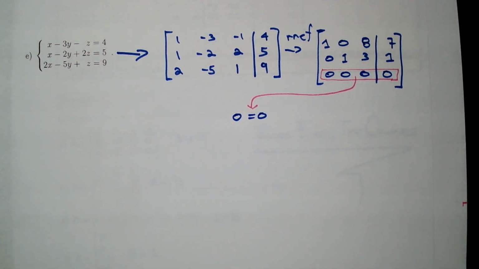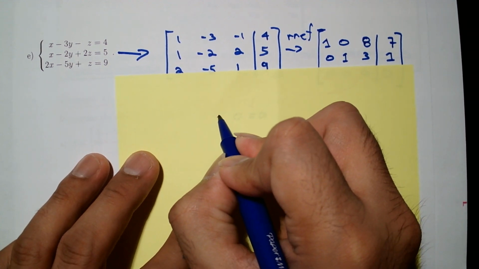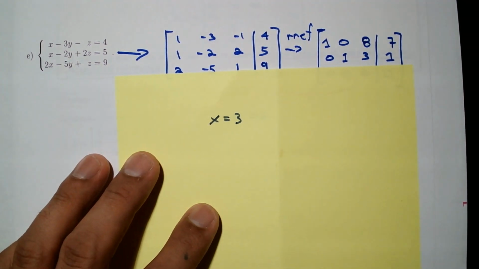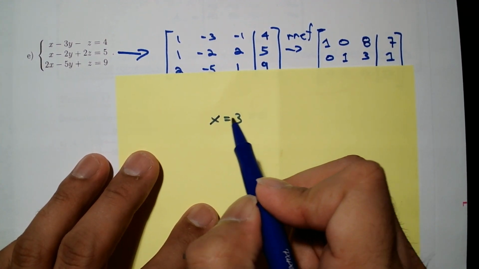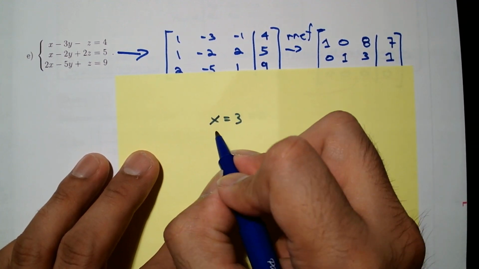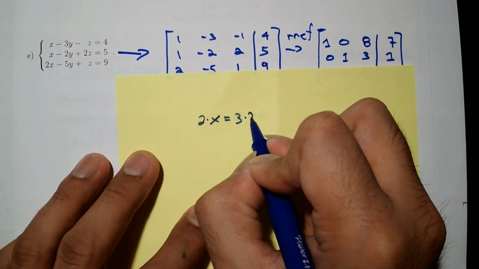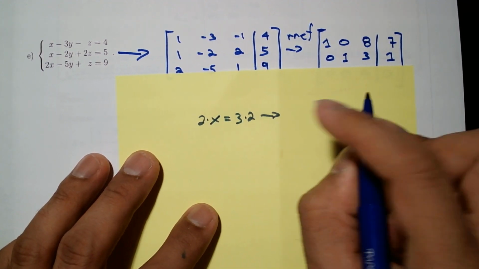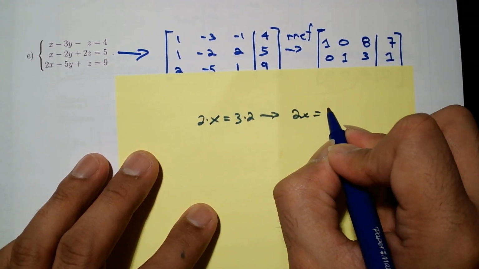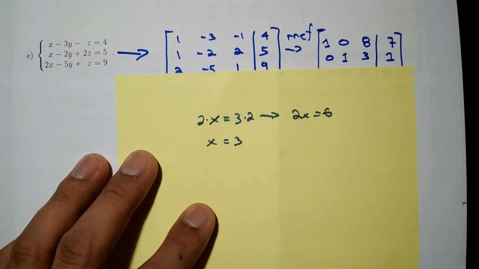Okay, let me take a break from this and let's go back to logical operators. Remember, if you have the statement x equals 3, you might remember that you can do whatever you want on an equation as long as you do it on both sides. For example, multiply by 2 on one side as long as you multiply by 2 on the other side. That's 2x equals 6. You have x equals 3.